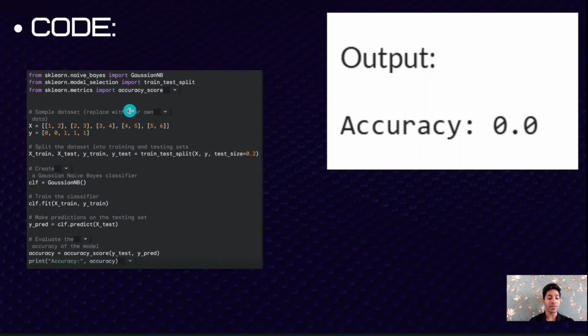Then the second step is preparation of data, in which we create sample data X with features and Y with corresponding class labels.